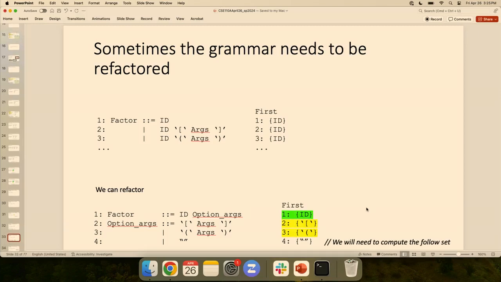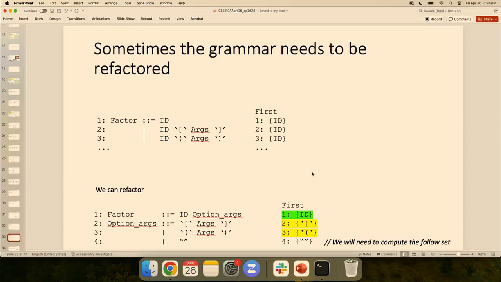Then you can actually get disjoint first sets, because now your factor only has one rule that matches an ID, and when you go into your optional args, you have open bracket and open parenthesis. You will have to do the follow set for the empty string there. But as you can see, you can refactor to get those disjoint first sets so that you don't have a backtracking grammar.